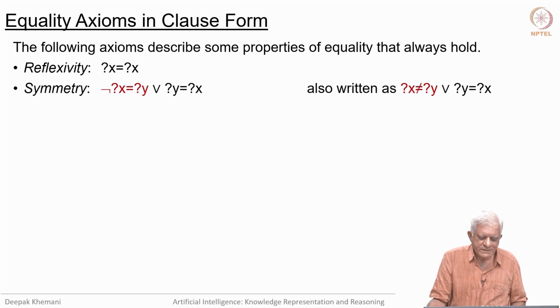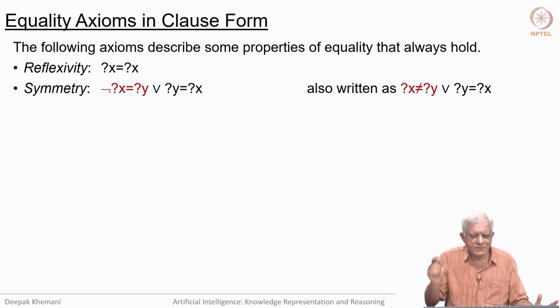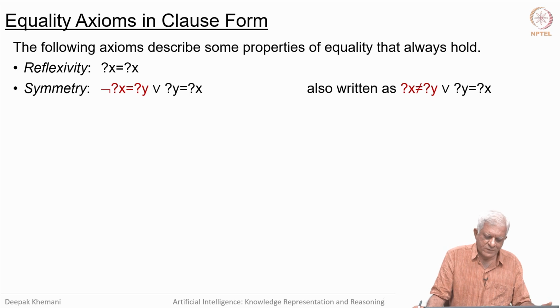The second one initially said that if x equal to y, then y is equal to x, which has now been converted into clause form. So, we have said either x not equal to y or y is equal to x, which is the same thing.